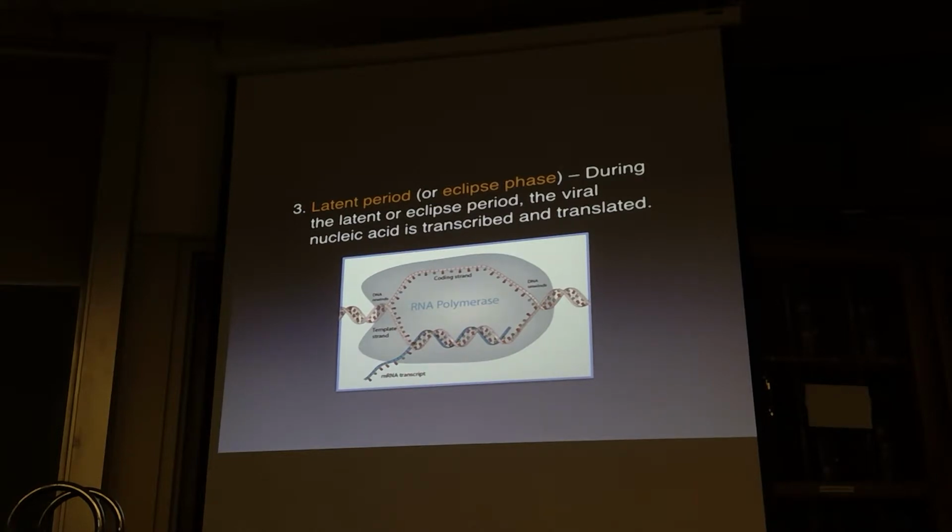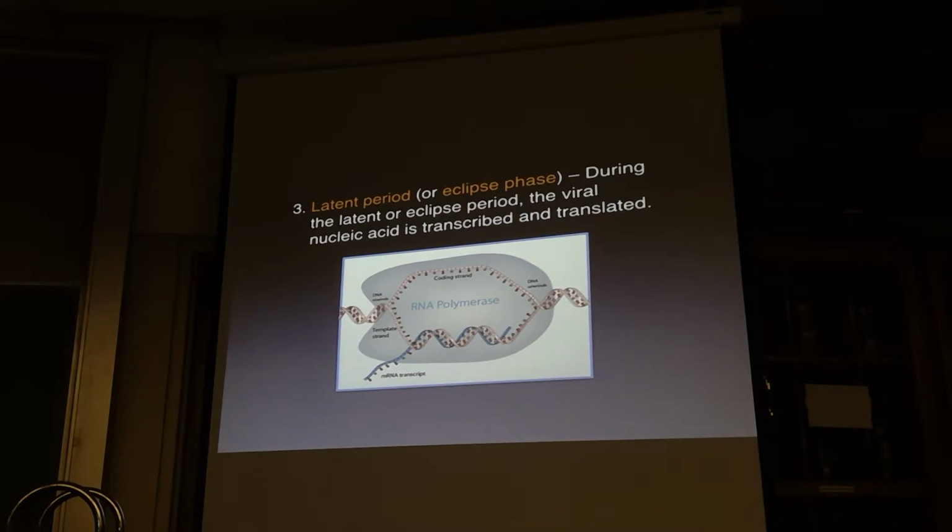Latent suggests that the virus is inactive. That's a misnomer because this is the stage during which the virus is going to accomplish a great deal. Eclipse is probably a better name because eclipse means you can't detect the virus. Again, if this thing lands on the host cell surface, what goes into the cell is this.